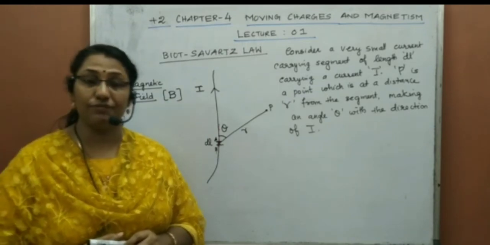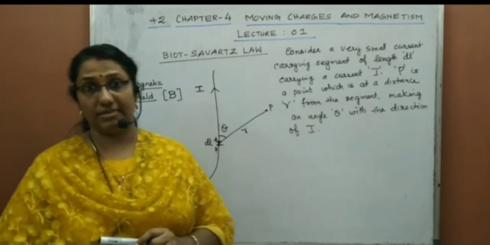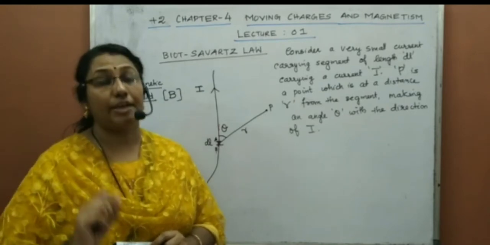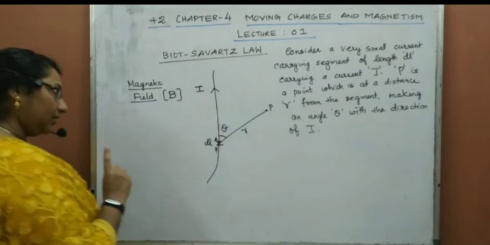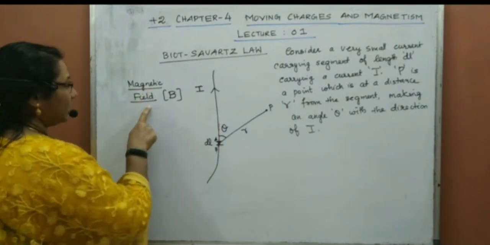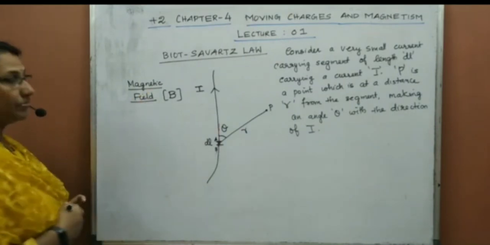Which letter was used for electric field? E was taken. Similarly, which letter is used to represent magnetic field? B is taken. Clear? So we know what is magnetic field and its representation.